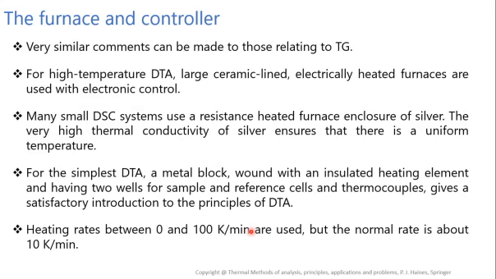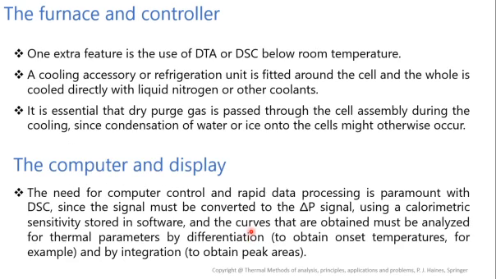Generally, heating rates between 0 and 100 Kelvin per minute are used, but the normal rate is about 10 Kelvin per minute for better results. One extra feature is the use of DTA or DSC below room temperature. This is one of the advantages of DTA and DSC, whereas thermogravimetry is always used above room temperature.